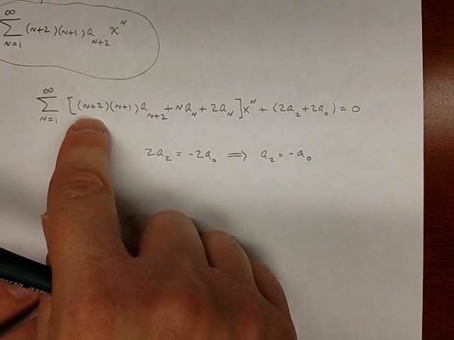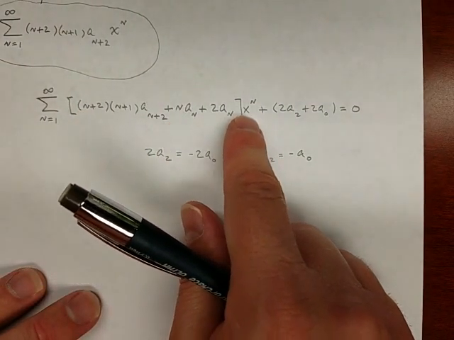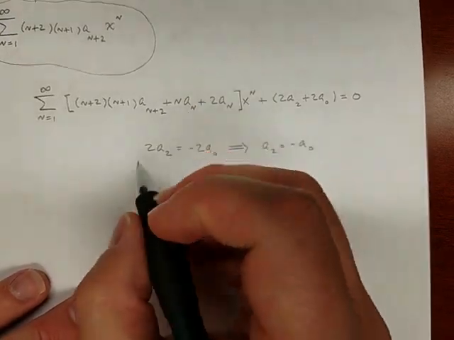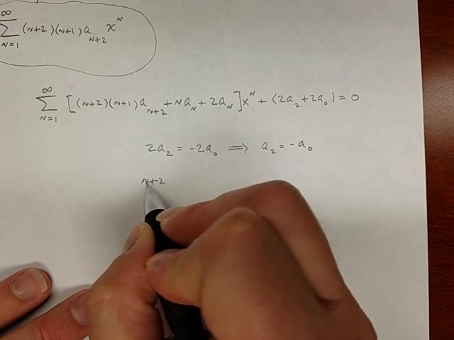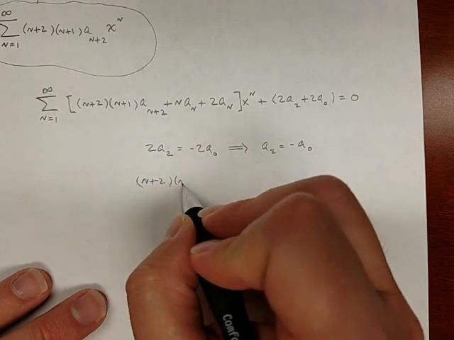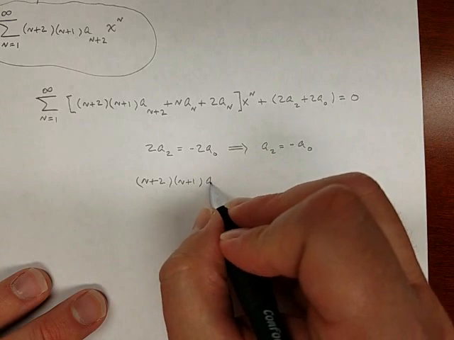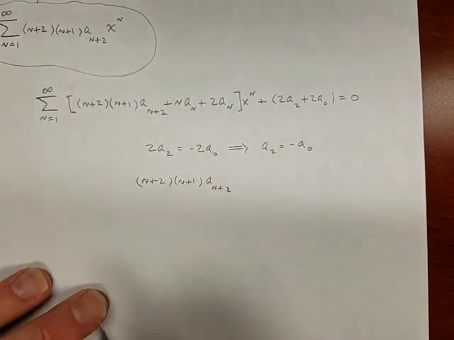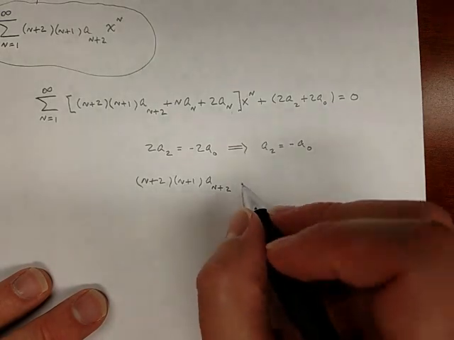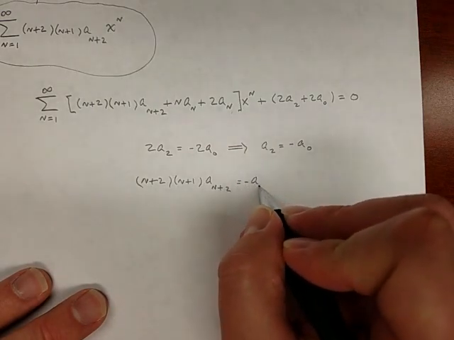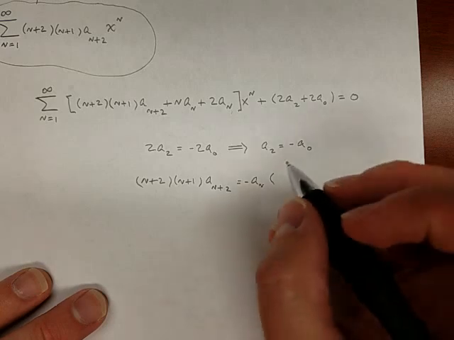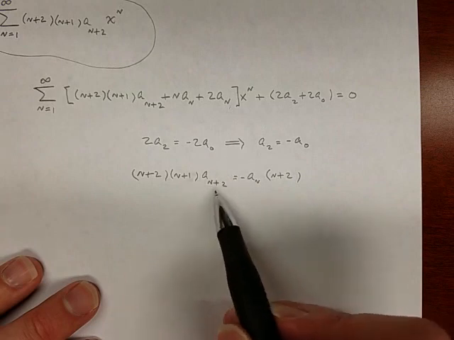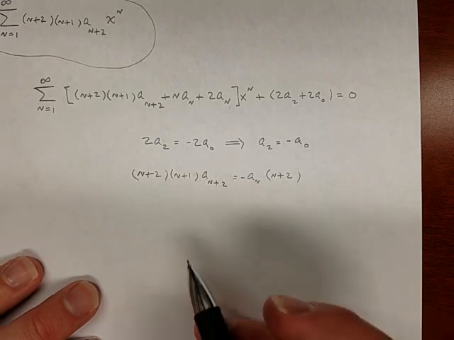What else? Well, the coefficient of every single term here would have to also be 0. So let's say we got to work this out. N plus 2, n plus 1, a n plus 2. Let's say I'm setting that entire coefficient to 0. It's going to look like minus a n times n plus 2. Okay, and I'd like, in general, to solve for the later terms in terms of the earlier terms.